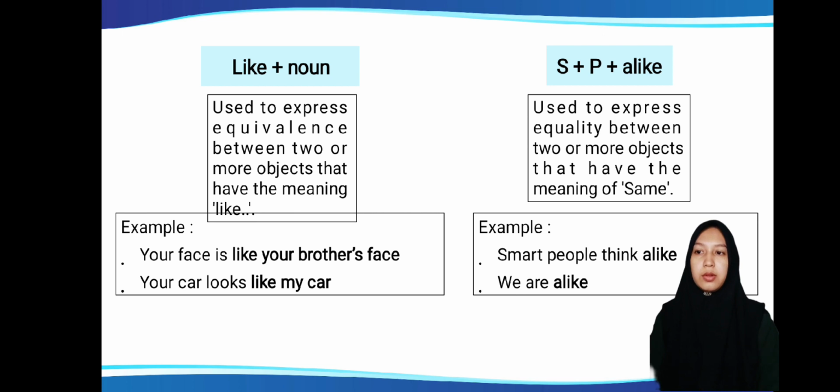Like and noun. Used to express equivalence between two or more objects that have the meaning like. Example: your face is like your brother's face. Your car looks like my car.